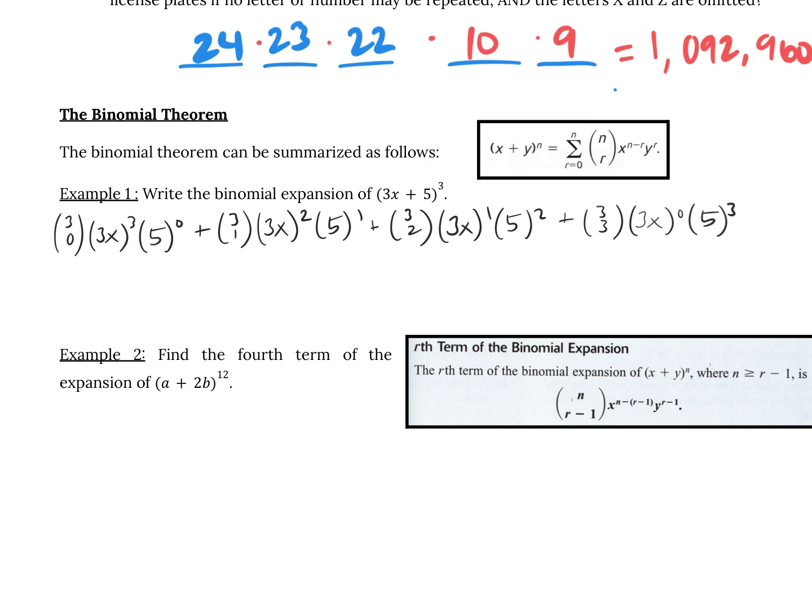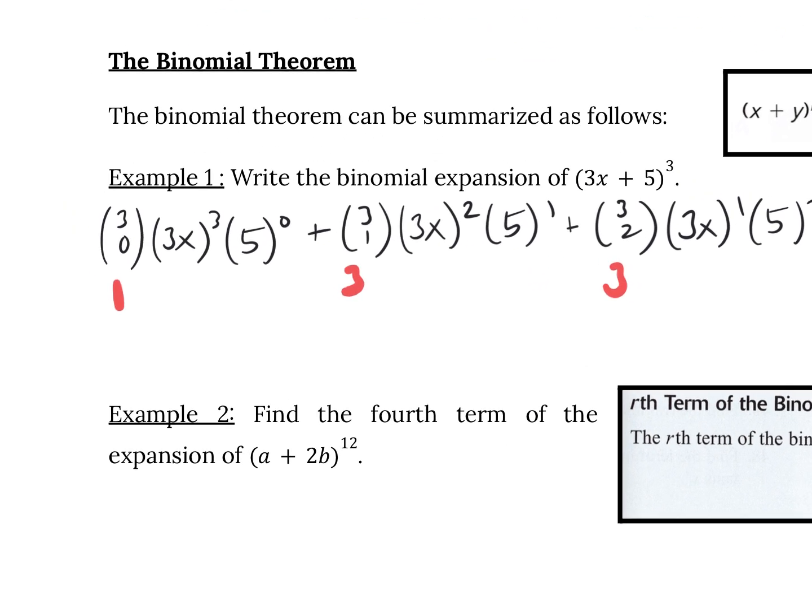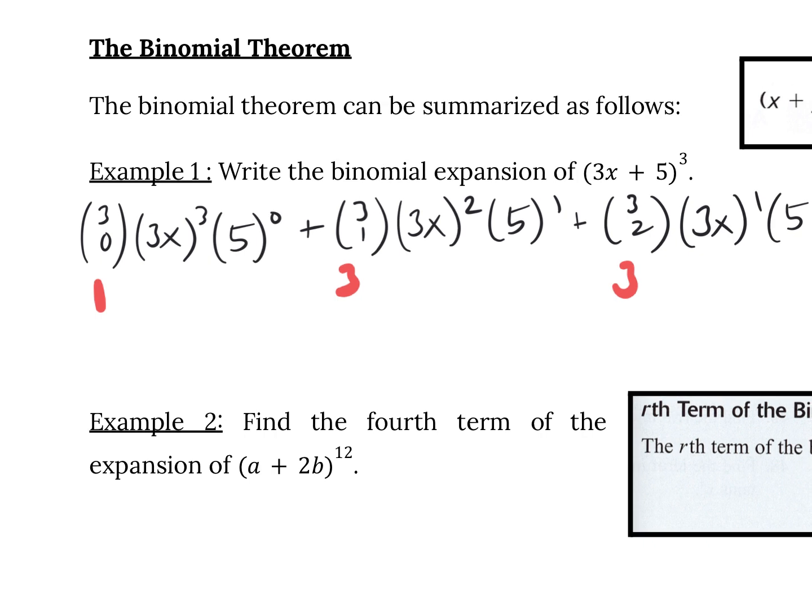We know from Pascal's triangle, or by plugging it in the calculator, these are going to be 1, 3, 3, and 1 for those combination parts. And then you might need to simplify it fully to see your final answer. So 3x to the third would actually be 27x cubed. But 5 to the 0 just goes away. It's 1.